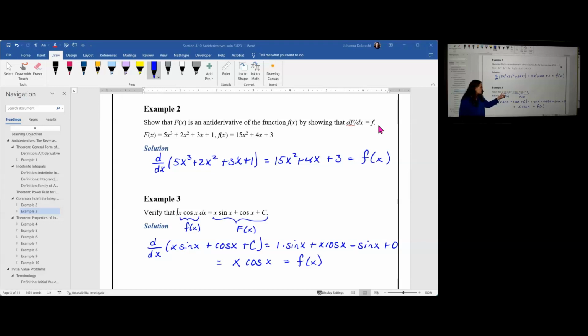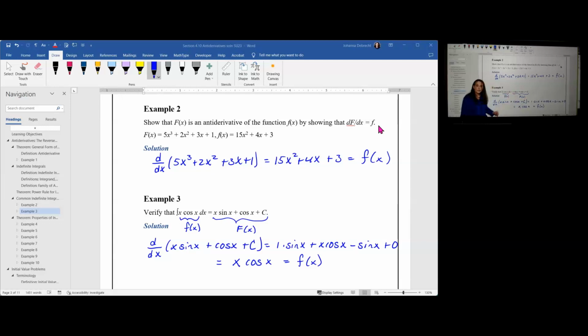We have the integral of x times cosine of x dx. In this case, the integrand is x cosine of x, which represents the lowercase function f of x. The antiderivative is x sine x plus cosine x plus the constant. This is the uppercase F of x.